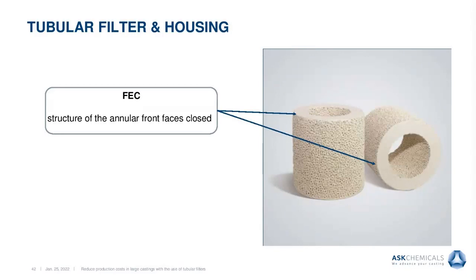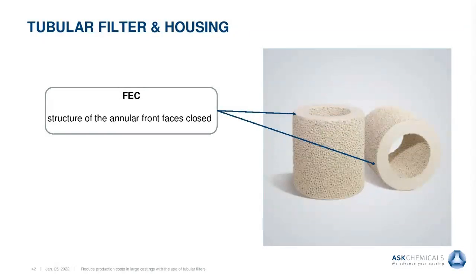Another important point is the closed front faces of this filter type. We call it front edge coating. You can see that these front faces are completely closed here on both sides. This avoids any damaging of filter structures when assembling with the housings, because the housing is made from a refractory and the filter is made from a refractory, and when both come together they are very, very hard and stable, which could lead to broken webs or a broken structure, especially when edges come together with a clash.